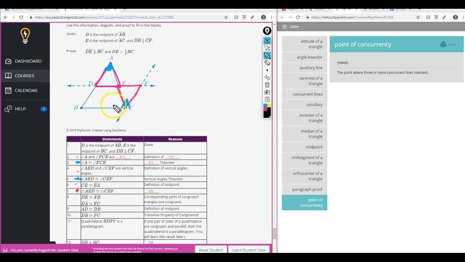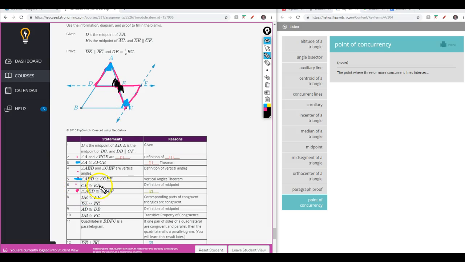So we have angle AED, and angle CEF. So we have another pair of corresponding angles. So here are our two barbells.